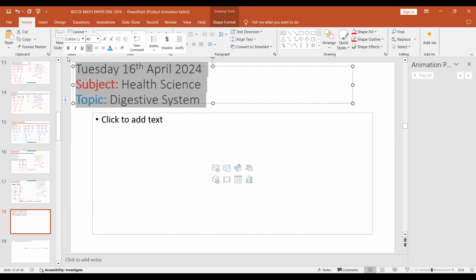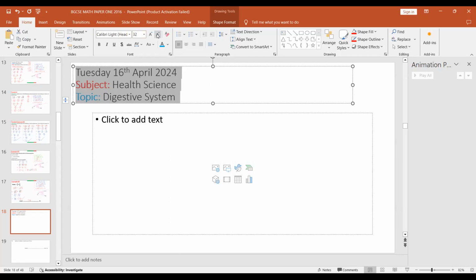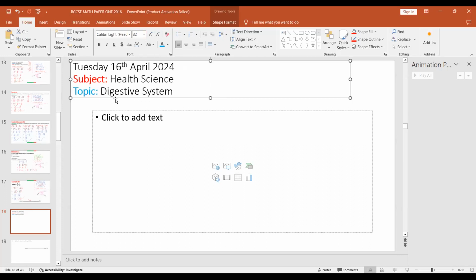Today we're going to be looking at the digestive system and its functions, and even the structures that are part of it. We can see how much ground we can cover, but the digestive system is definitely something that is covered in both health and general science. They could bring it in either exam.